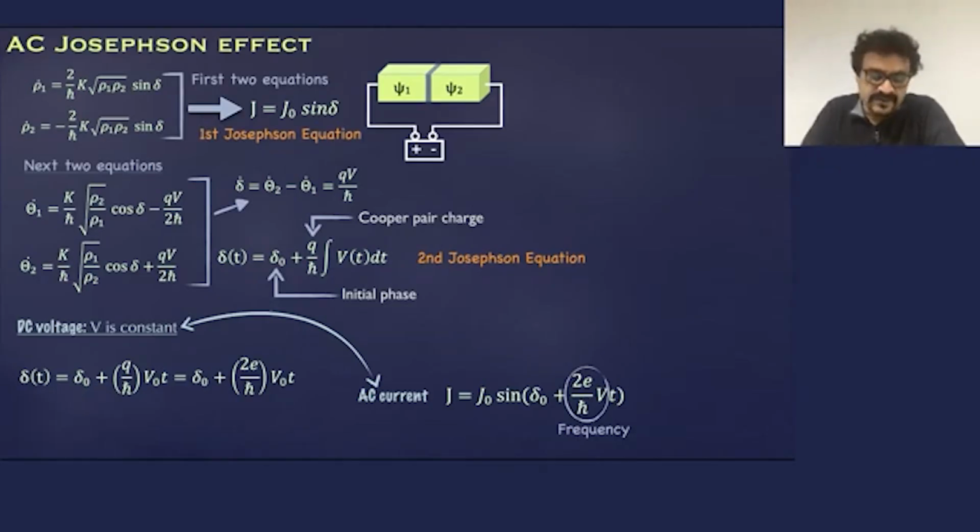From the first two equations, which are on the time rate of change of the Cooper pair density, ρ1 and ρ2, where ρ1 is on the psi1 side and ρ2 on the psi2 side, we got the first Josephson equation, which is the current density as a function of the phase difference of the wave functions between the two sides.